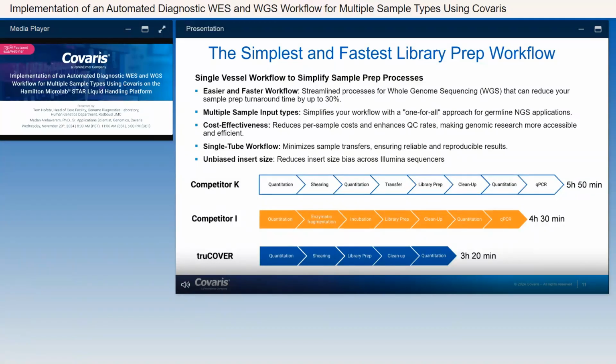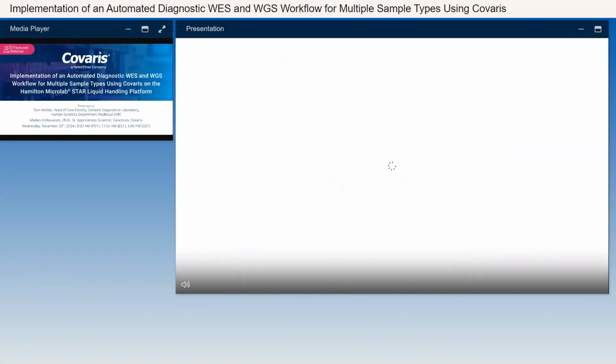A single tip workflow minimizes sample transfer to deliver reliable, reproducible results. And Covaris fragmentation provides unbiased insert sizes, which reduces the insert size bias across various Illumina sequencers, supporting high quality sequencing outputs. This kit is designed to optimize both efficiency and accuracy in whole genome sequencing applications.